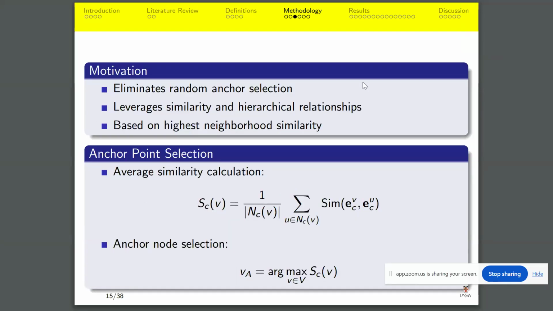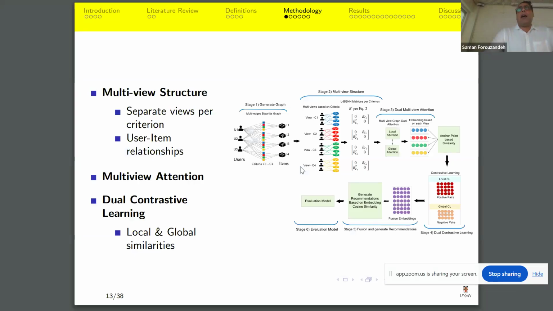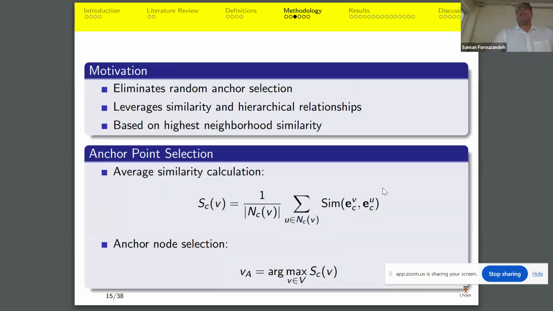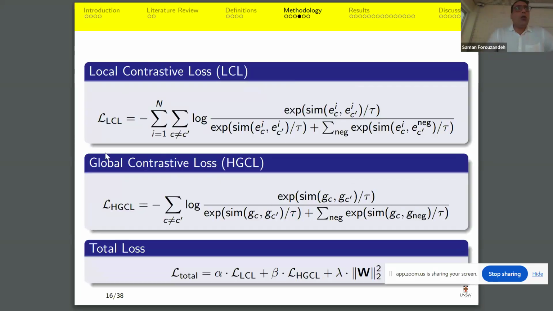After generating embeddings, we want robust embeddings, so we use contrastive learning including two main functions. Local contrastive learning finds embeddings similar together in each view.